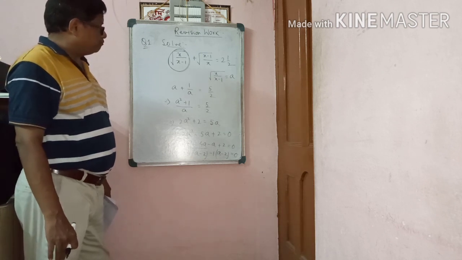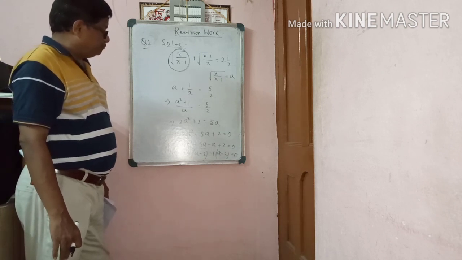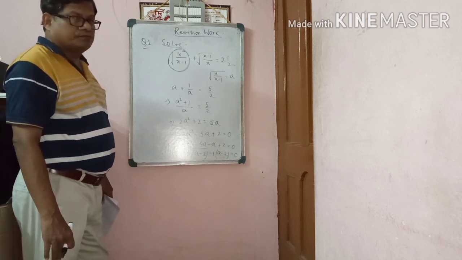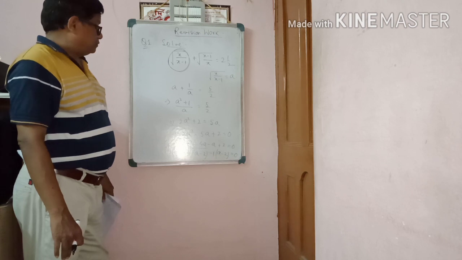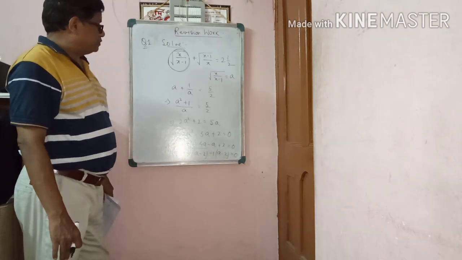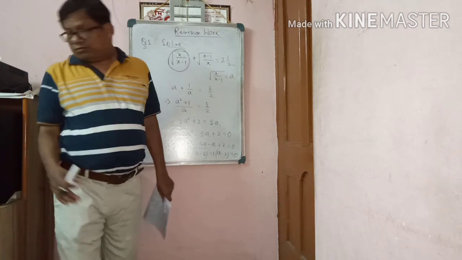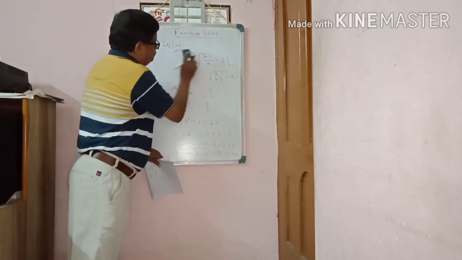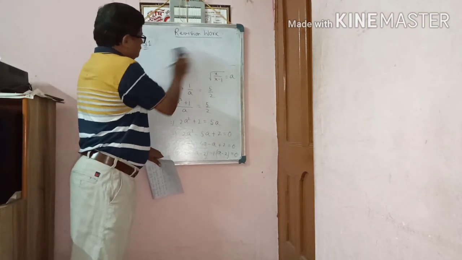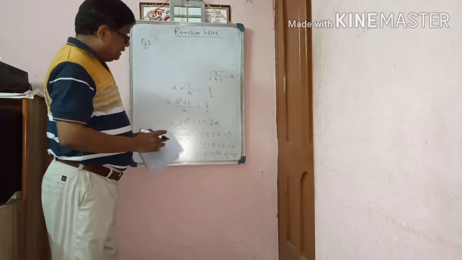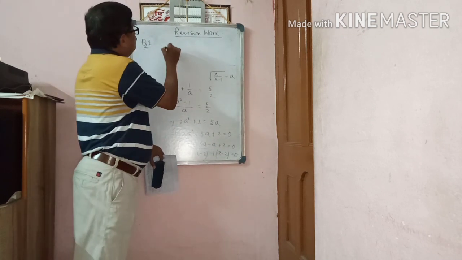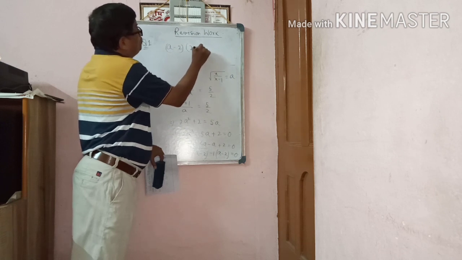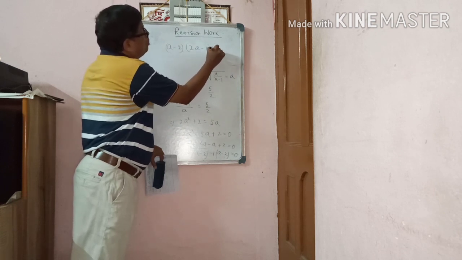Now, a minus 2 into 2a minus 1 equal to 0.